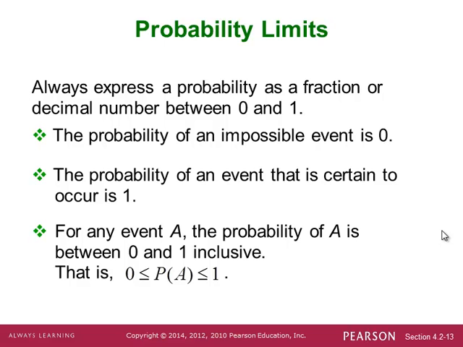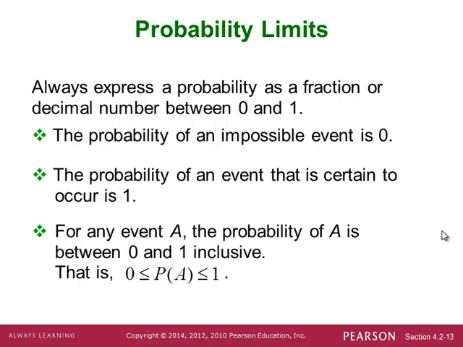Probability is a number between 0 and 1, which measures the likelihood of an event happening, with 0 being that it's impossible, and a probability of 1 meaning that the event is definitely, without any doubt, going to happen.